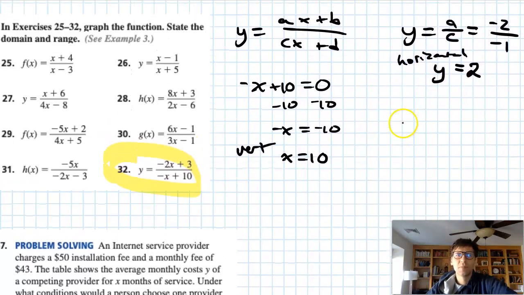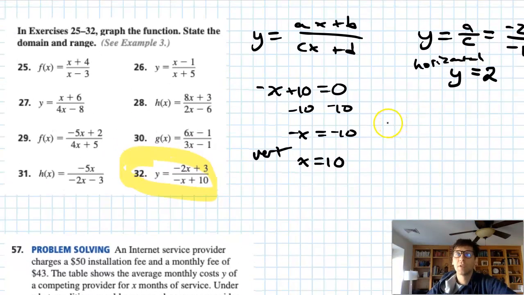And so this is my first step for wanting to graph, but it also is going to help me answer this question, because my domain and range will be all real numbers except the corresponding x or y value.